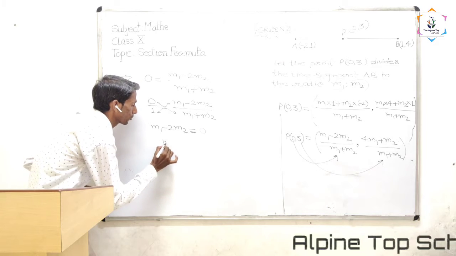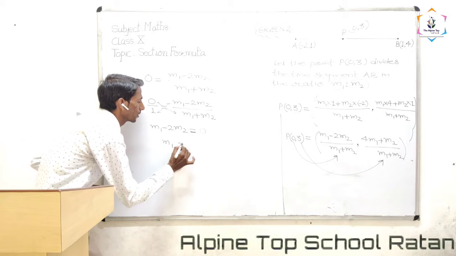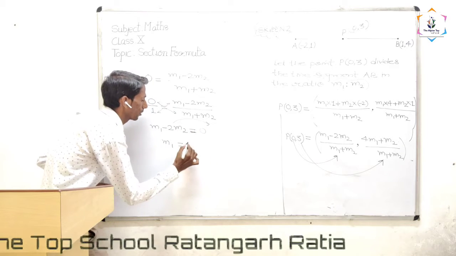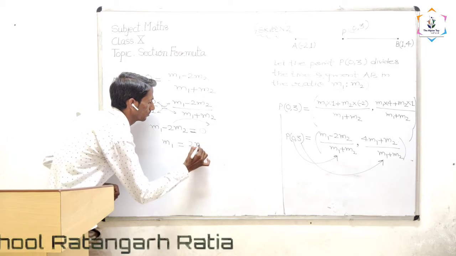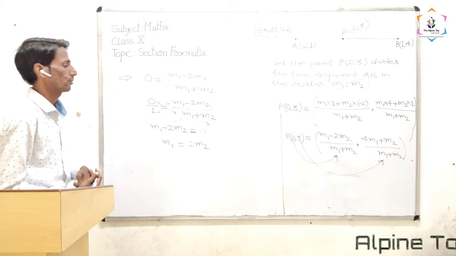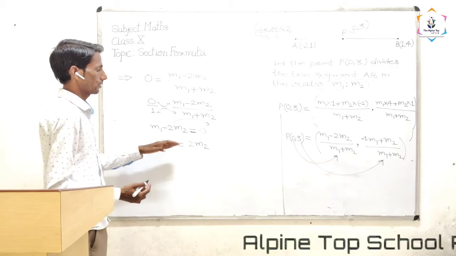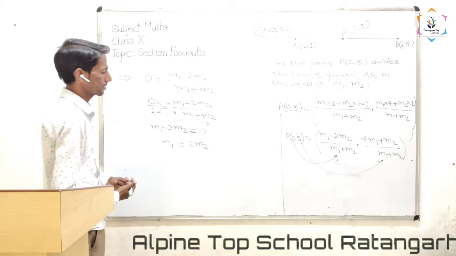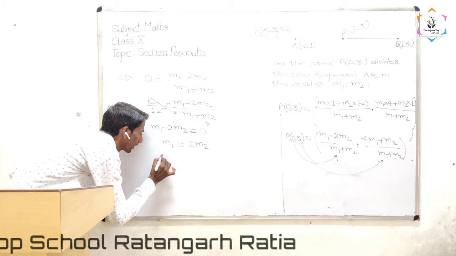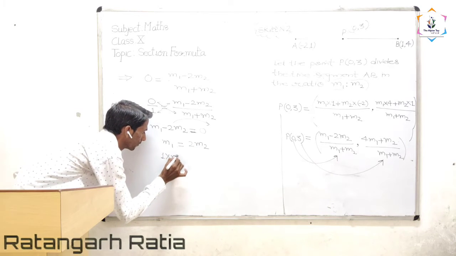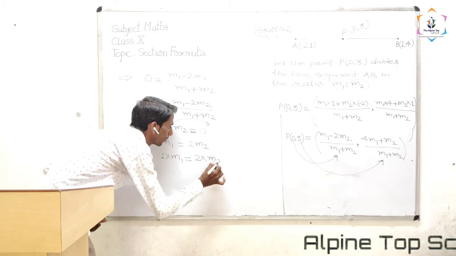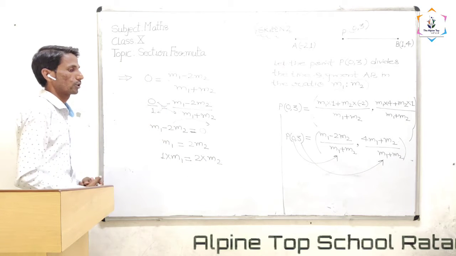Transfer 2 m2 to the right-hand side, and it becomes positive: m1 = 2 m2. I can write this as 1 into m1 and 2 into m2.